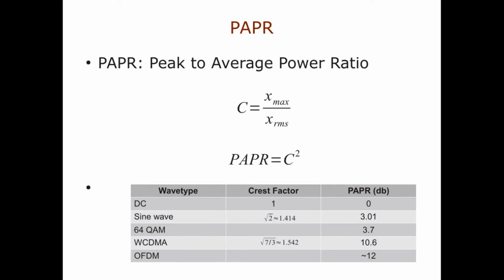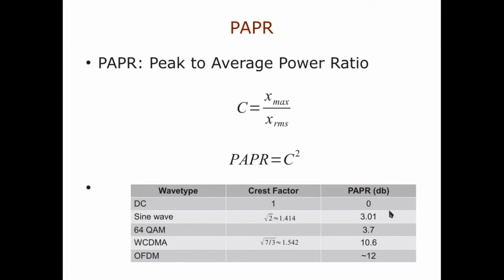Now the table below shows the PAPR values of some common waveforms. First you can see a DC. For a DC signal, both its maximum as well as the RMS values or the amplitudes are the same, and hence the crest factor is 1. If I represent PAPR in decibel scale, note that there is a small correction here: in dB, B should be capital.